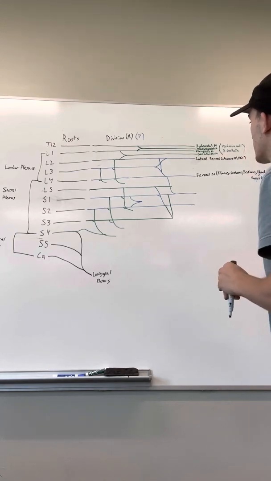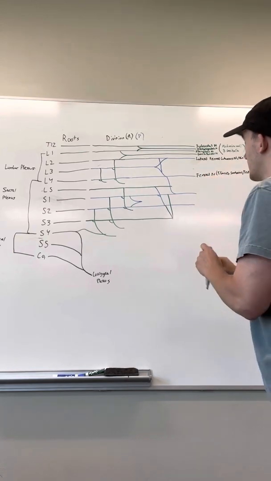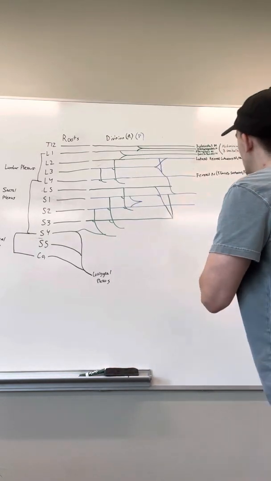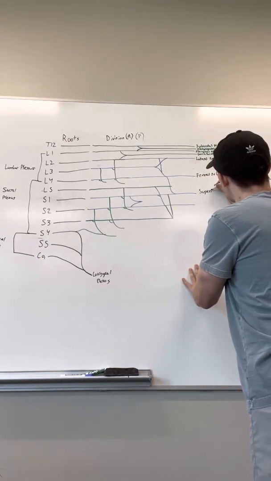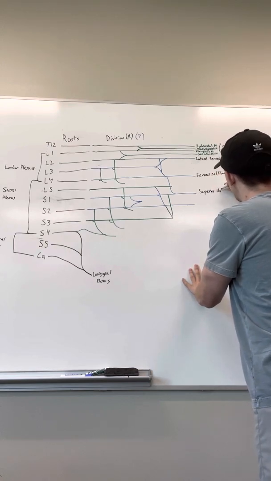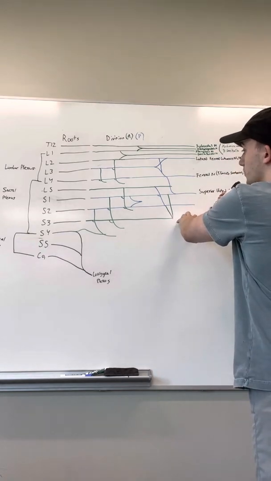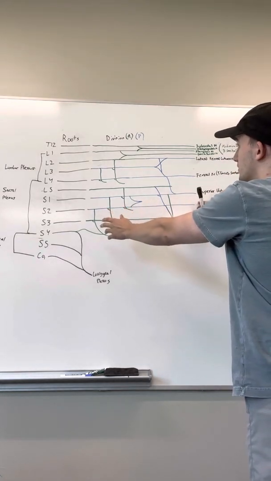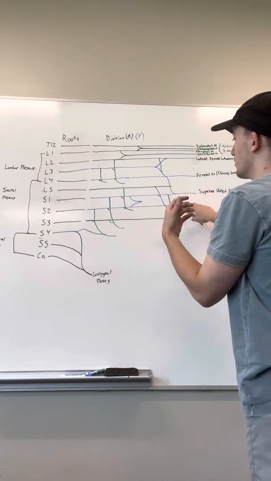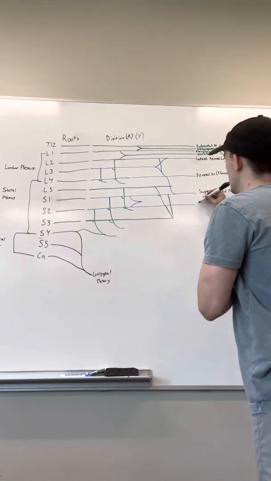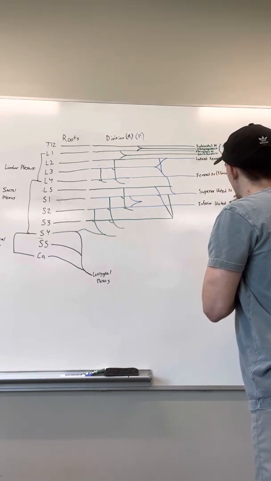Next, from L4 to S1 makes up the superior gluteal nerve, and then right below that, the S2 division, which is made up from L5 through S2, is the inferior gluteal nerve.